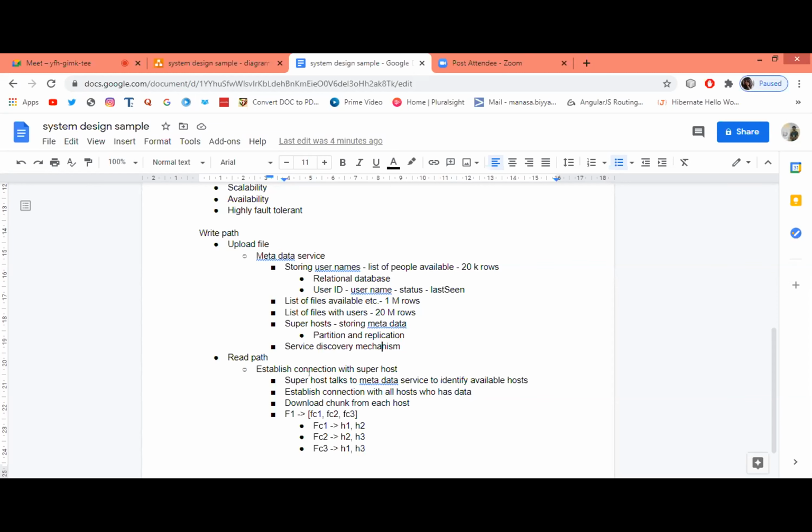And then when I'm requesting a file, I'll initially talk to the super host to get the chunks available, and what is the mapping for each chunk, where all hosts are available. The client will try to establish connection with all the hosts, and then will try to download the chunks in parallel. Wherever it sees any failure, it will try to go to the next host to get the data back.